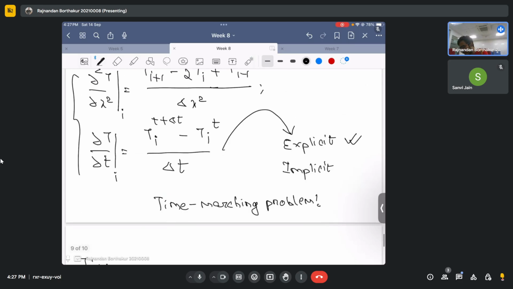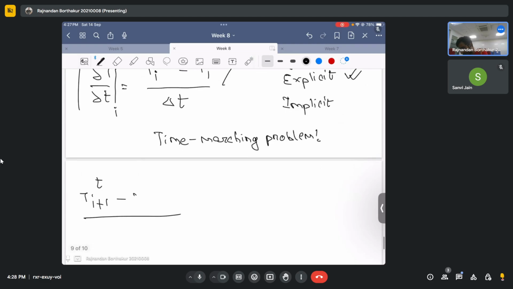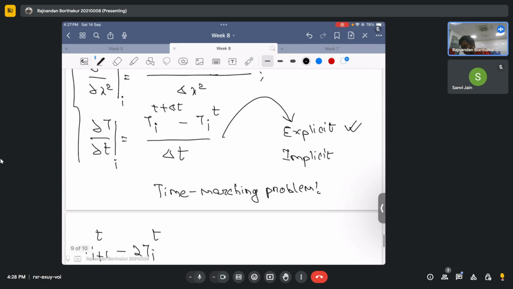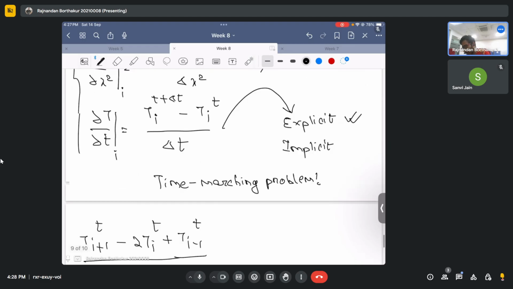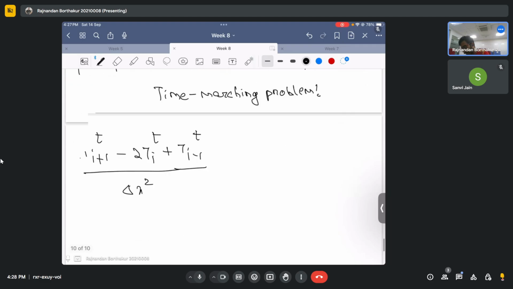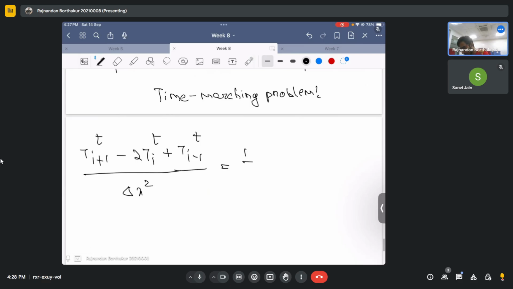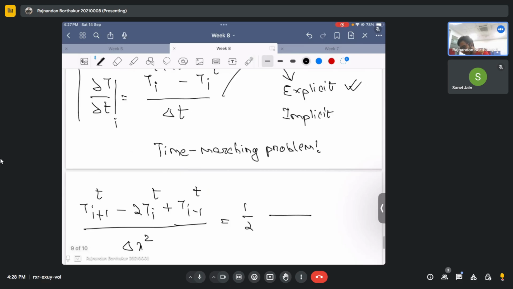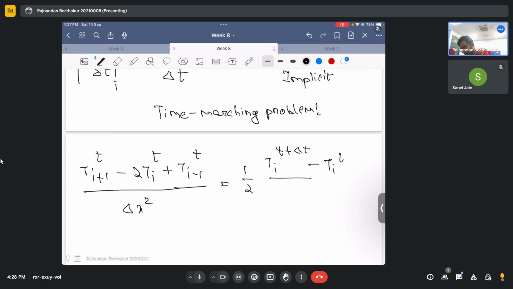So I will write this as T of i plus 1 evaluated at time t, minus 2 times T of i evaluated at time t, plus T of i minus 1 evaluated at time t, divided by delta x squared, and this is equal to 1 by alpha times del T by del t. So del T by del t becomes T of i at t plus delta t minus T of i at t, divided by delta t.